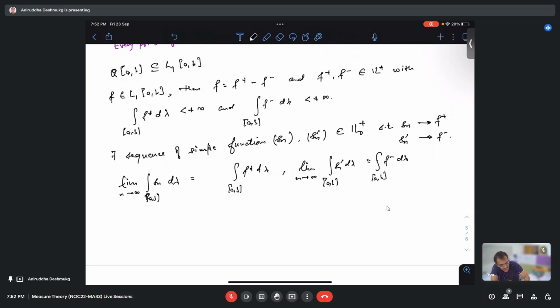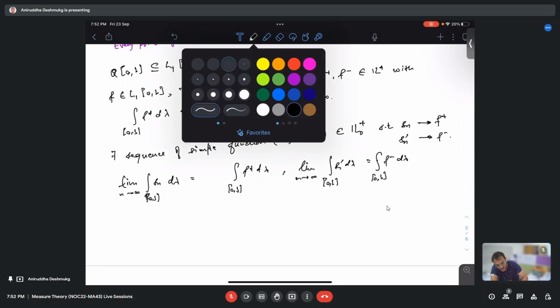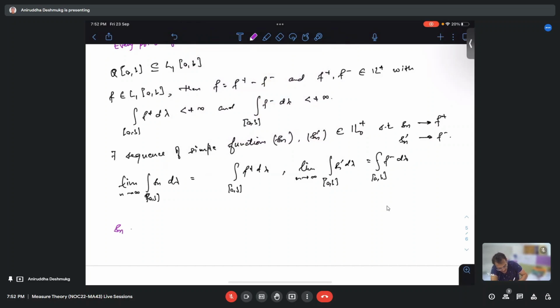So since Sn and Sn prime converge to f plus and f minus, one expects that Sn minus Sn prime converges to f plus minus f minus, which is f, pointwise.